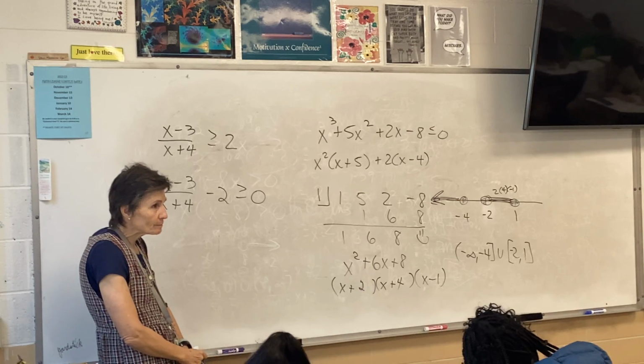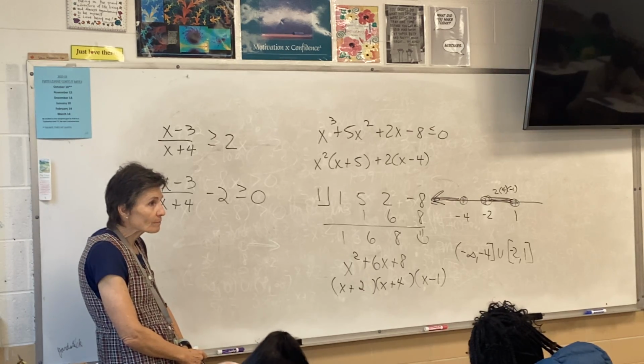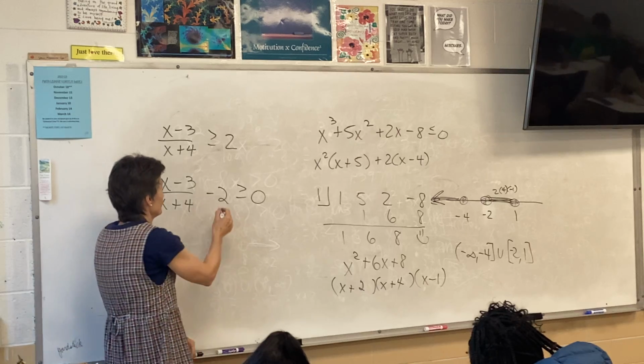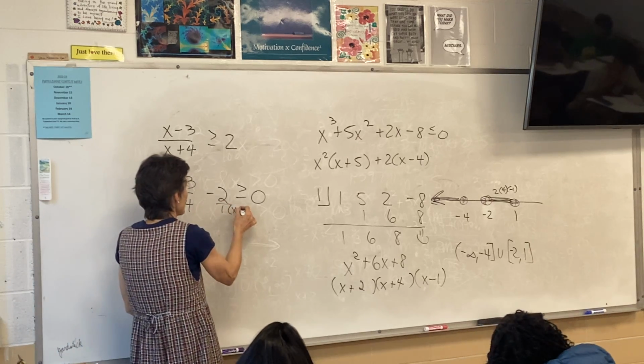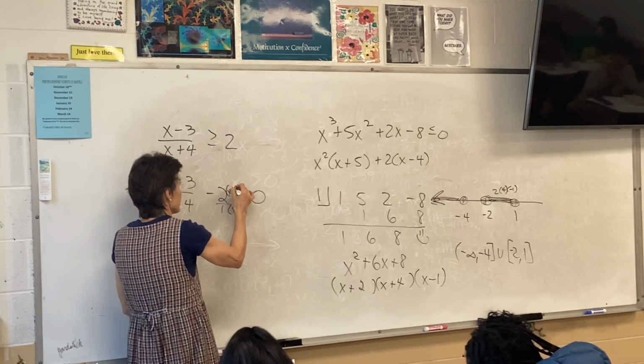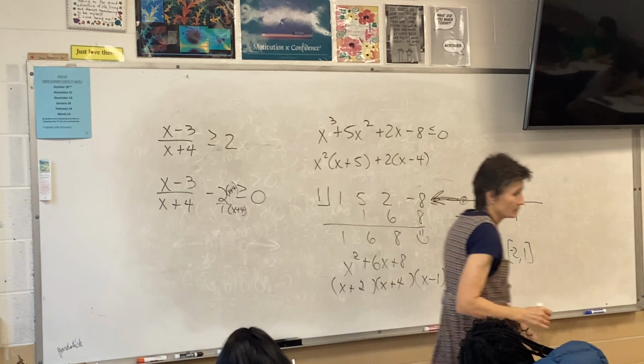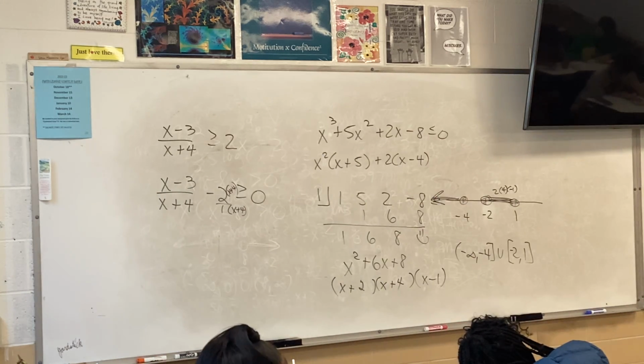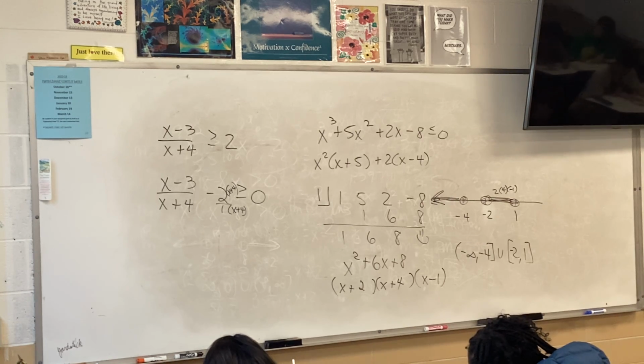Now what? Lauren? Maybe 2/1 and then you get the common denominator. Exactly. So x plus 4. Now, do not lose the denominator. We need to keep the denominator going because it's going to give me a dot.